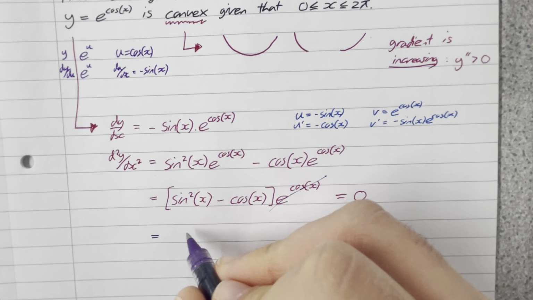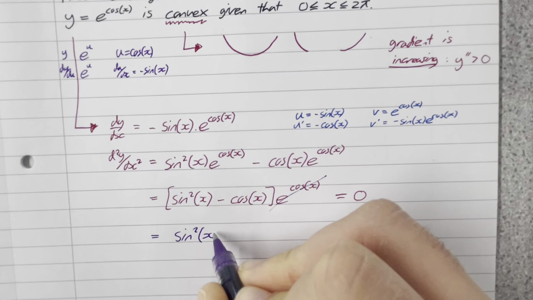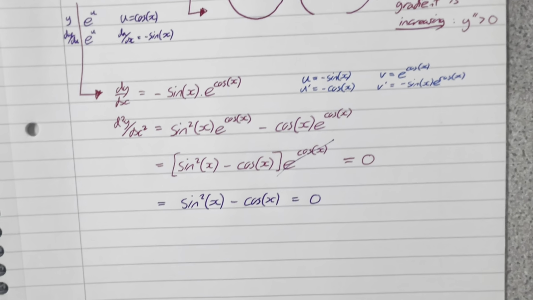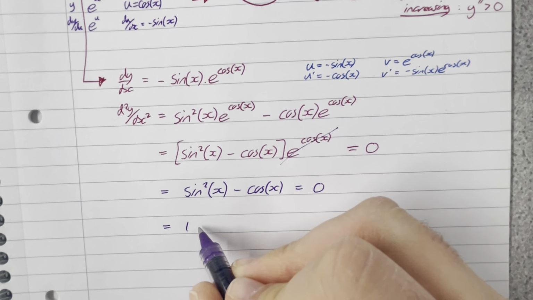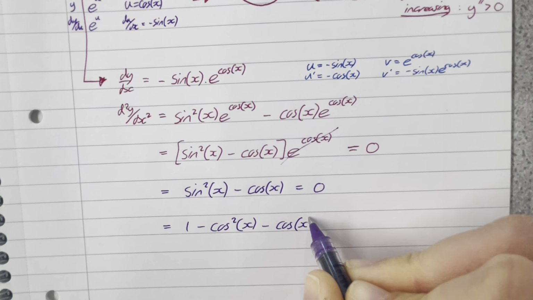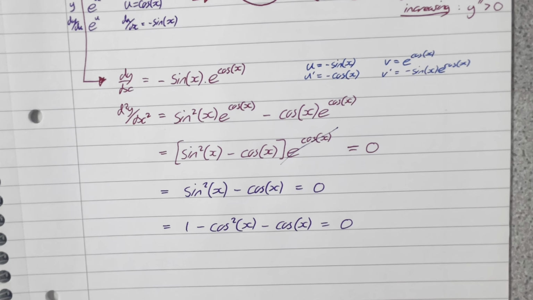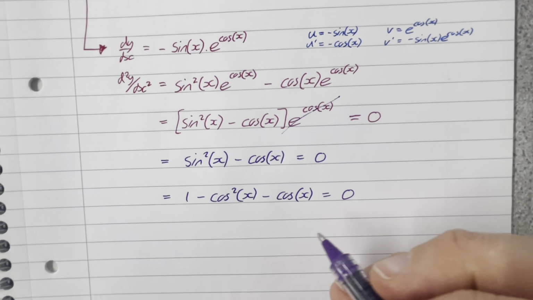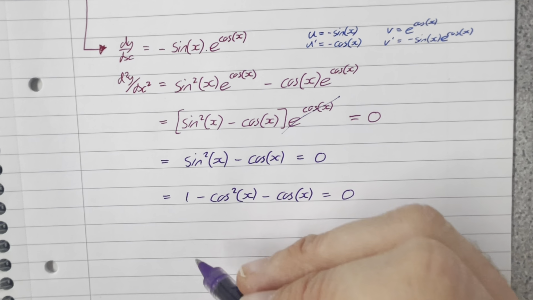And I'm actually going to solve sine squared of x minus the cosine of x equals 0. But sine squared is 1 minus cos squared. So it's 1 minus cos squared of x minus cos of x equals 0. And then I can solve that quadratic in cos.